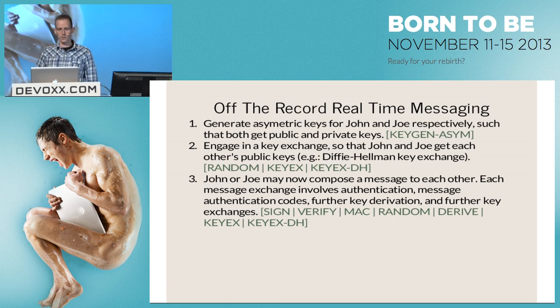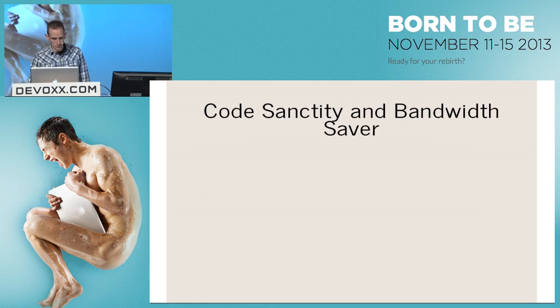They generate asymmetric keys for each other using the same thing that we've done before. Then they use a Diffie-Hellman algorithm to exchange their keys. And then they can start communicating with each other, ensuring that when they send a message, only the other party can decrypt or read the message.